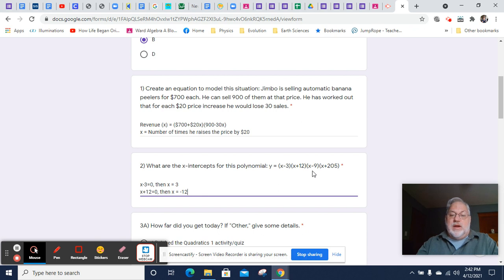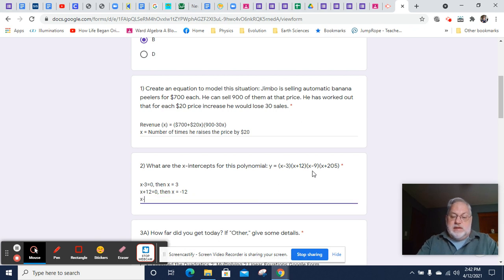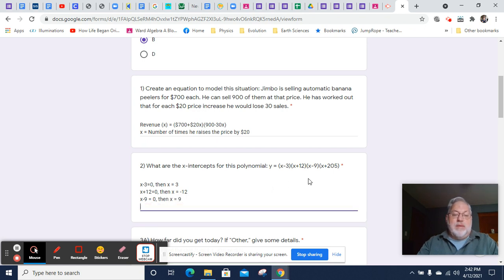And we take the third one, x minus 9. We want to say that equals 0 because we're trying to find out what x value makes that linear equation equal 0. Then x equals 9, because that's what will make x minus 9 equal 0. And then finally, x plus 205, you say that equals 0, and then you solve for x, and then we know that x would equal negative 205, because negative 205 plus 205 will be 0.